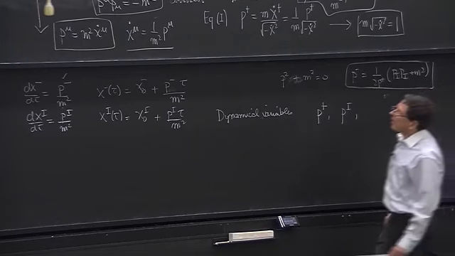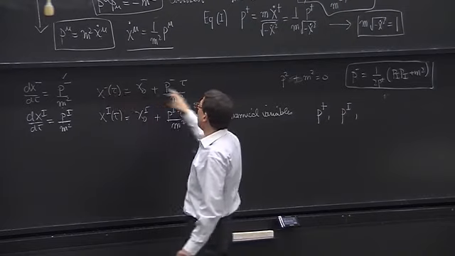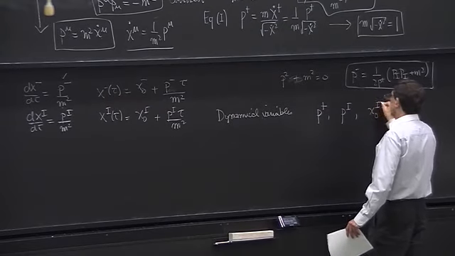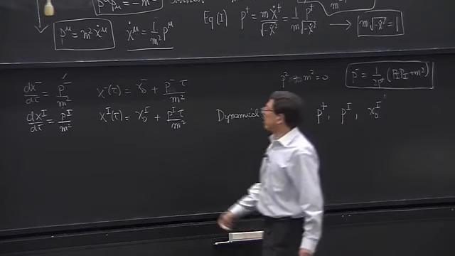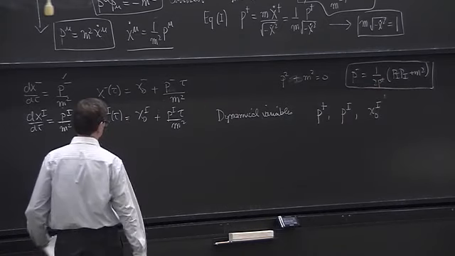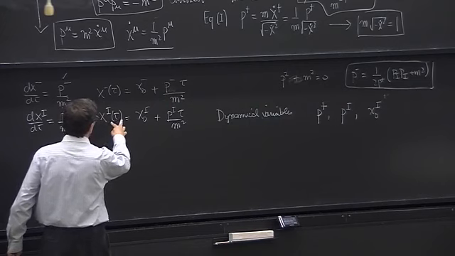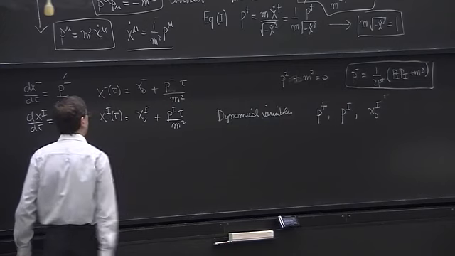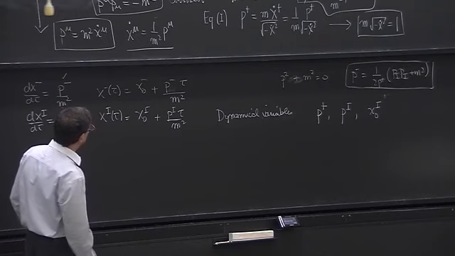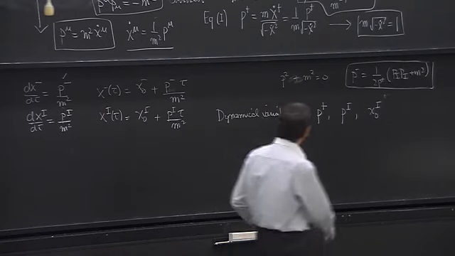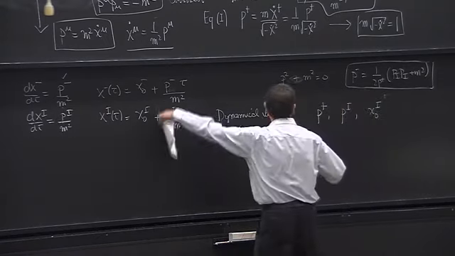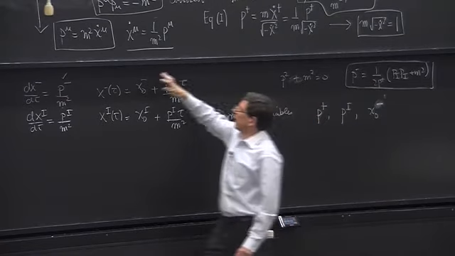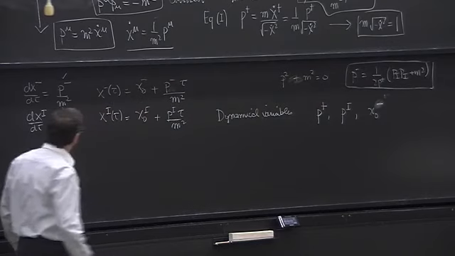We will say, therefore, to get x minus, you need x0 minus. To get x minus completely determined.